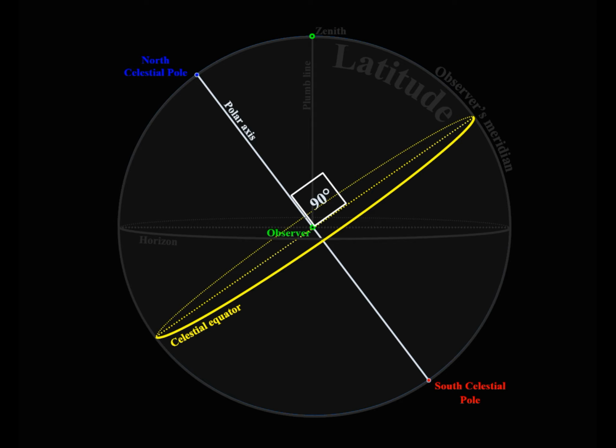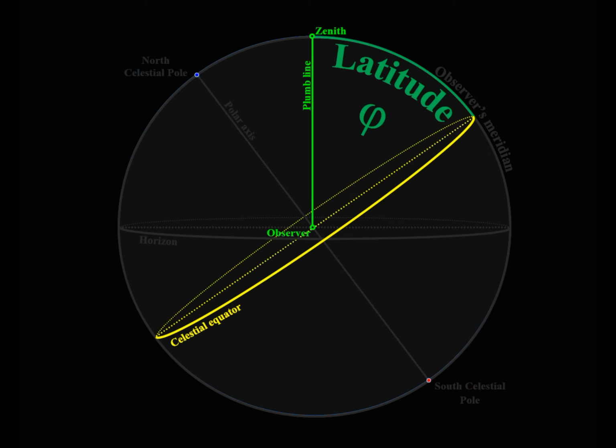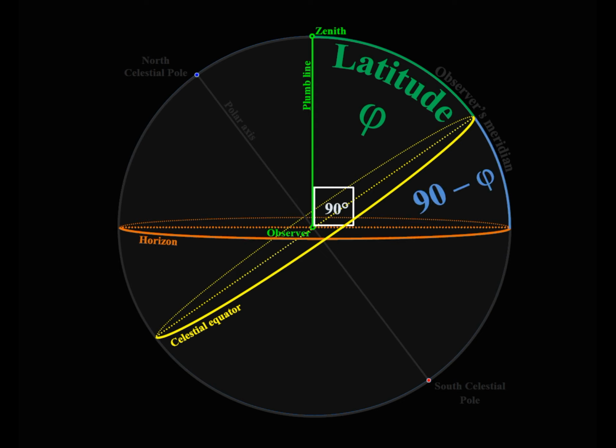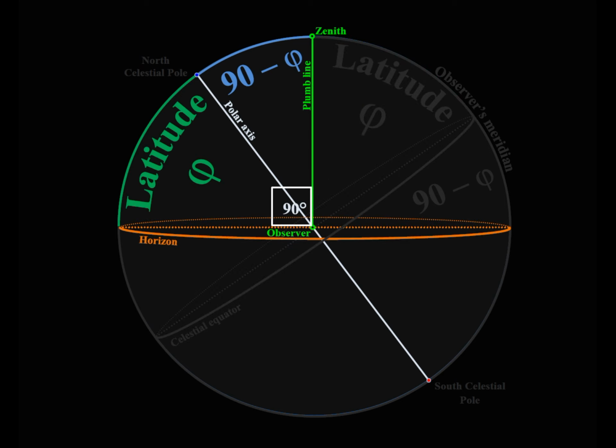The relative position of these two coordinate systems, namely the angles that they form with each other, is determined by your latitude. The inclination of the polar axis to the horizontal plane corresponds to the latitude.